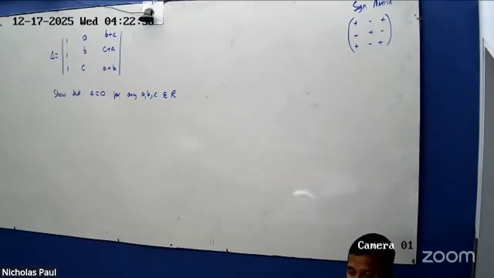You're done? So you have to show that the determinant is 0 for any value of A, B, and C. So pick a row, find the determinant, and see what happens. I have some rules to give you.